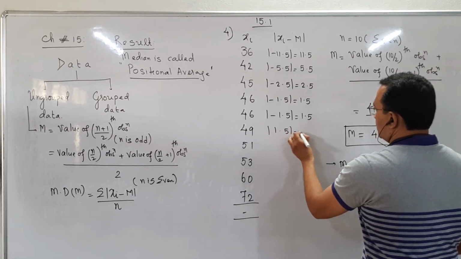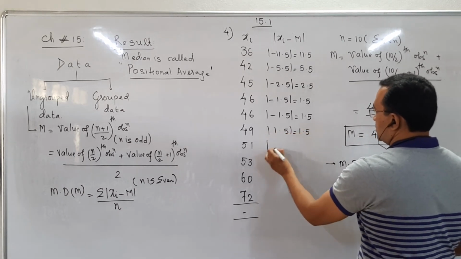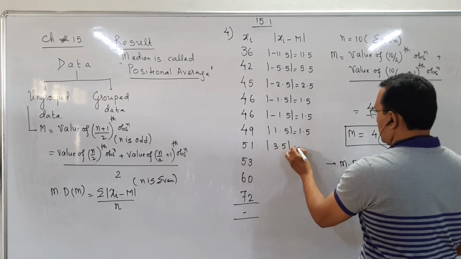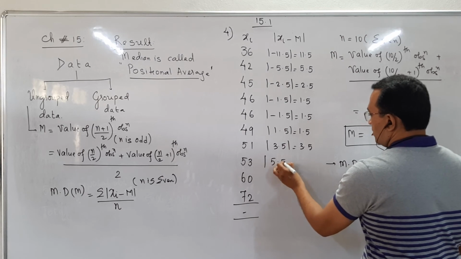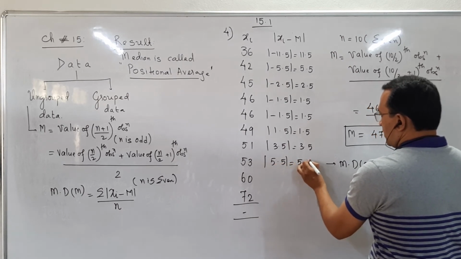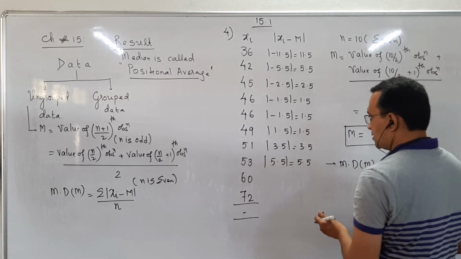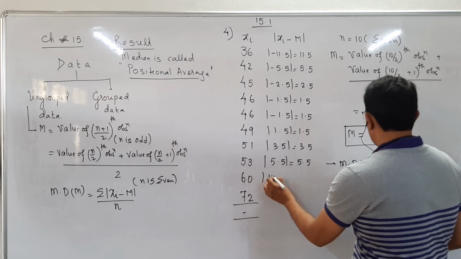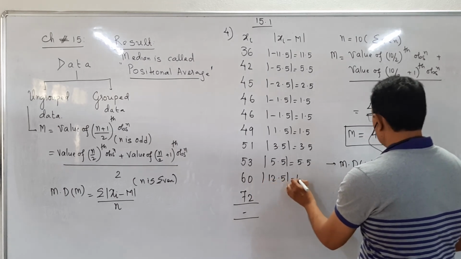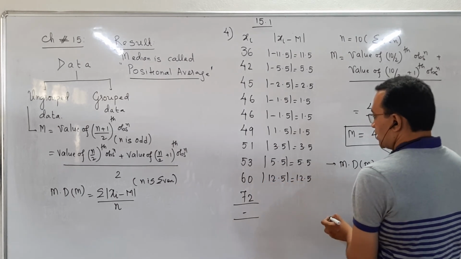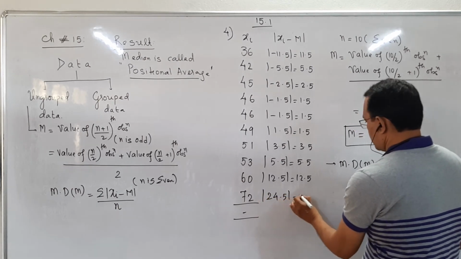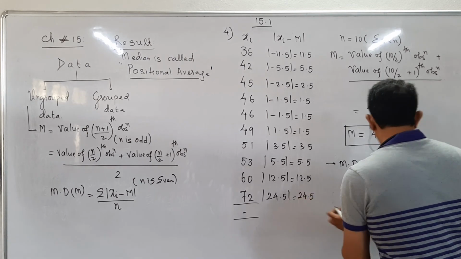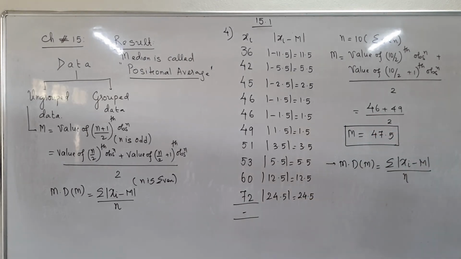And the mod of that is 1.5. This is 3.5, so the mod is 3.5. This is 5.5, so the mod is 5.5. Then this is 12.5, so the mod is 12.5. And again this is 24.5, so the mod is 24.5.